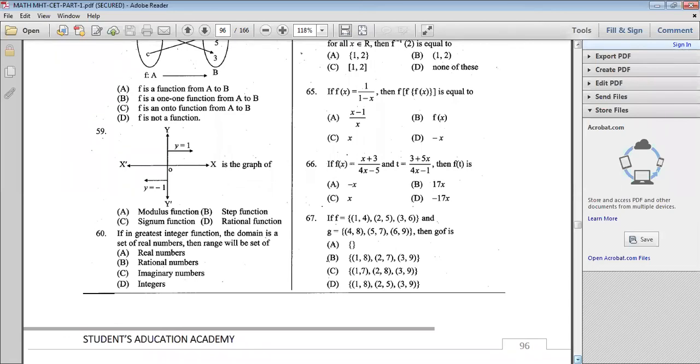Option B. There F is given as (1, 4), (2, 5), (3, 6), and G is given as (4, 8), (5, 7), and (6, 9). Then we have to find G circle F. Just observe here.